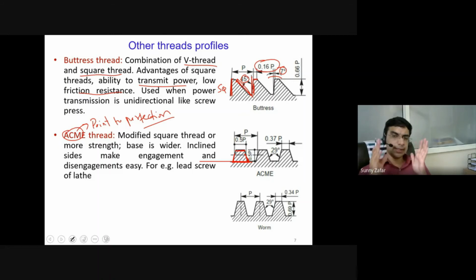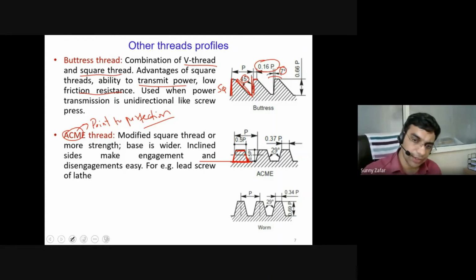And since both sides are inclined, instead of perfectly locking, in case of inclined flanks, their engagement and disengagement is quite easy. So where you want to routinely engage for power transmission and then disengage, in that case, the Acme thread, which is a modified version of the square thread, is more preferable.